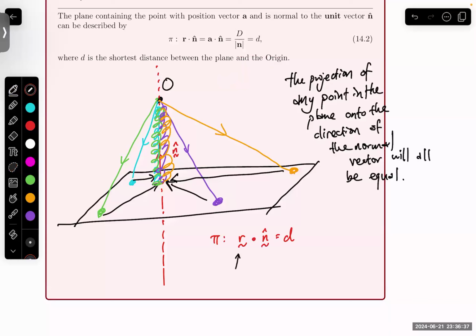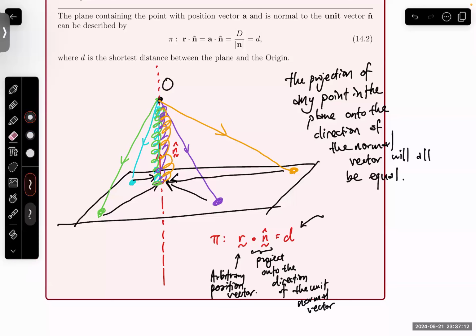Okay, this is going to be an arbitrary position vector. Any arbitrary position vector, when you project onto the direction of the unit normal vector, the projection is always equal. This is the n.